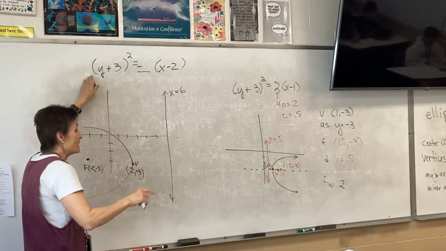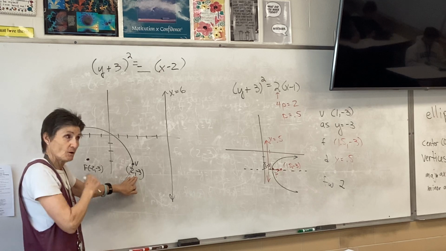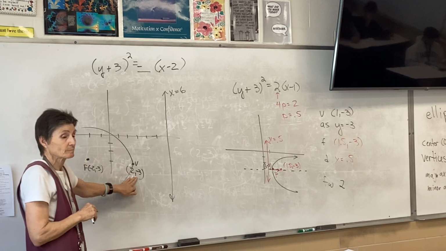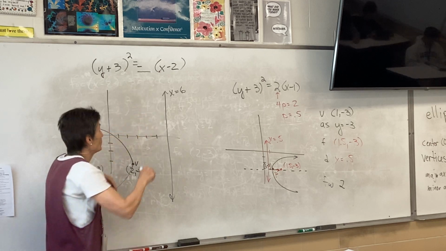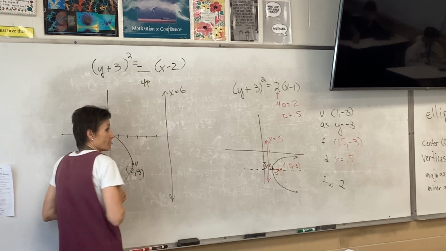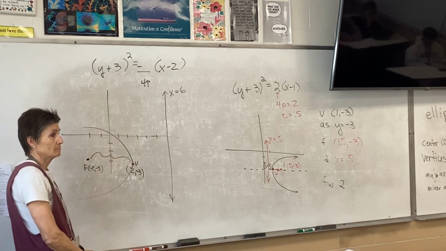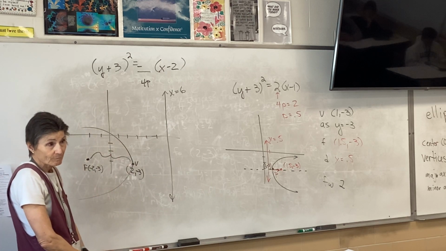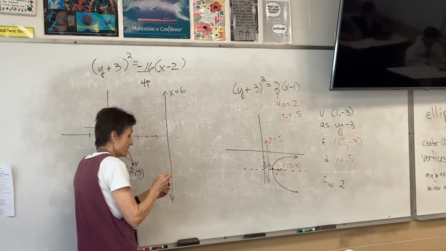Be careful, it's the vertex that goes in the parentheses, not the focus, the vertex. Now I need that number, which is 4p. Isn't this p? What is that? 4? So 4p is 16.